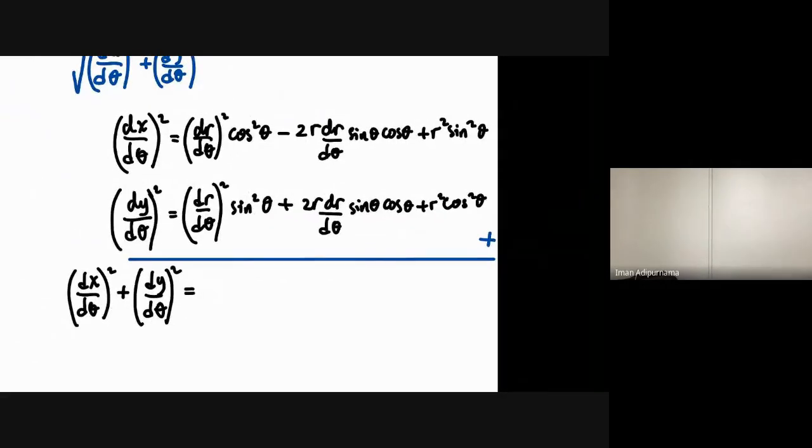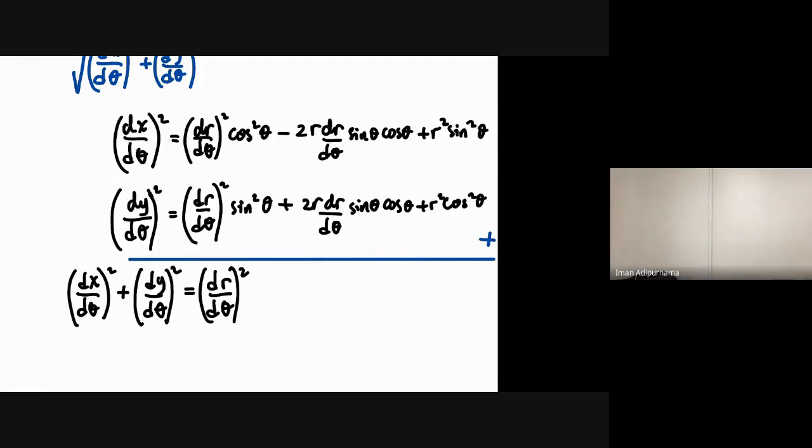Now let's see here. These are the same terms, we can factorize, right? And cos squared plus sine squared is 1. So we just write dr d theta squared.